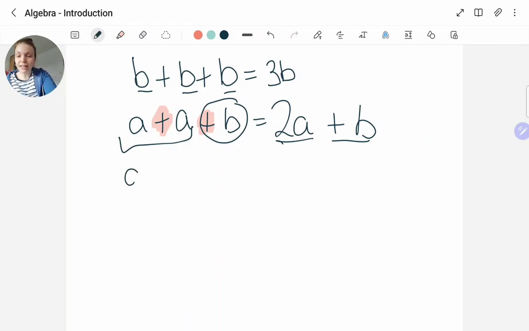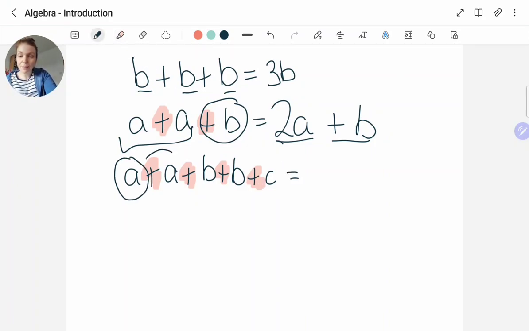Then if we had something like A plus B plus B plus C. So again, we are adding between these terms, okay? So therefore we're going to say A plus A is going to be 2A, okay? Plus, let's get a different colour.